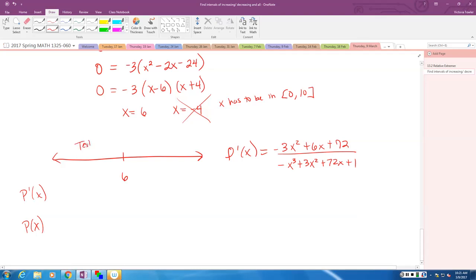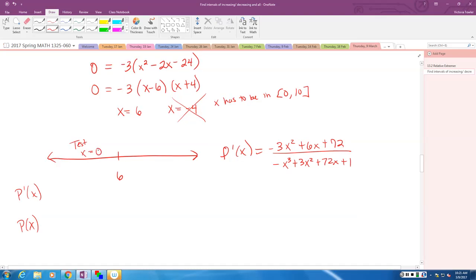And so what do we want to test? What values of x? You could do 1, you could do 0. I like 0. That would make it real easy. And something to the right of 6. Sure, 10 works. Okay, 0 is super nice with this one, right?